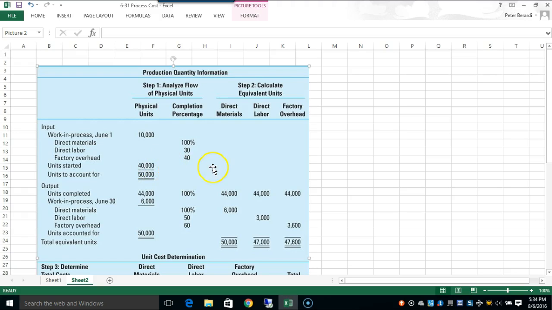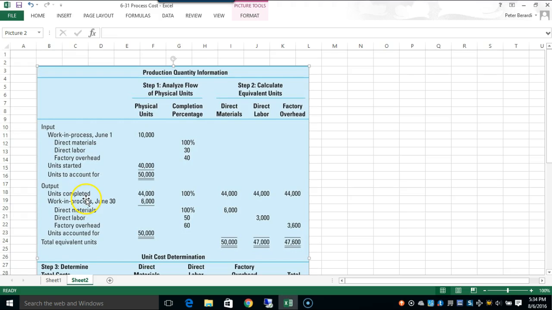Units started are 40,000, units to account for 50,000. As you know, units to account for our beginning WIP and our units started has to equal units to account for our ending WIP and work in process and completed.